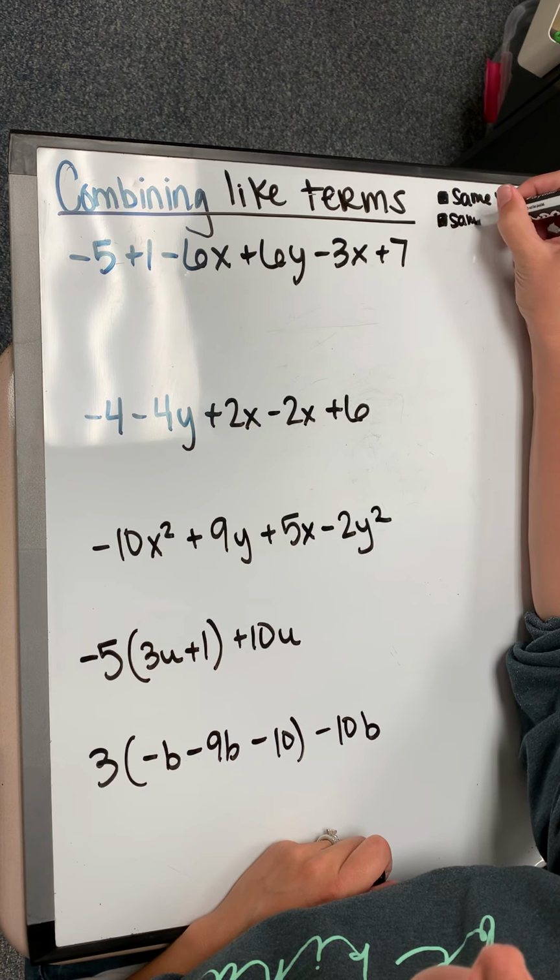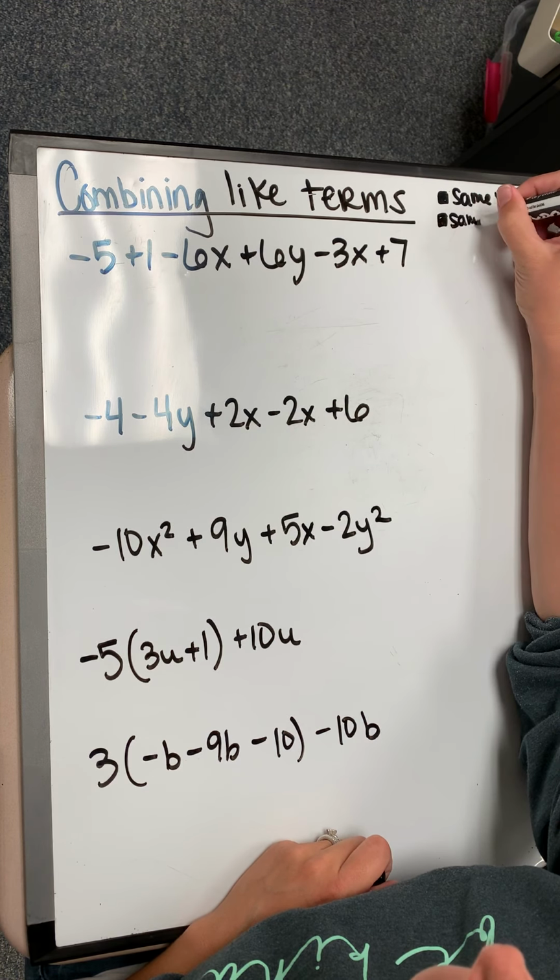It has to be an x and an x, a y and a y, numbers with numbers. Those are the only things that will combine. You can't combine x squareds and x's. They have to have the same variable and the same exponent. So this one will not reduce any further, and that would stay your answer.